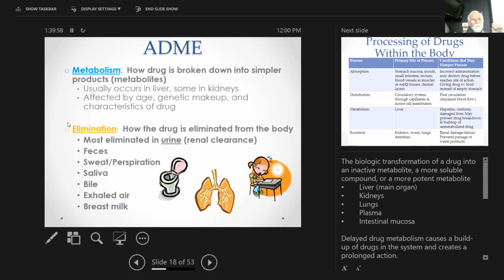This is one of the major differences with the age of our patients and genetics of our patients, which is that older and very younger patients metabolize drugs differently than patients in that sort of mid-range 15 to 55 age group. Different genetics can affect the way drugs are metabolized and treated.